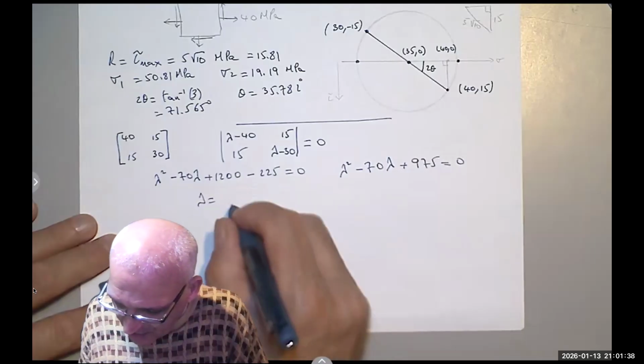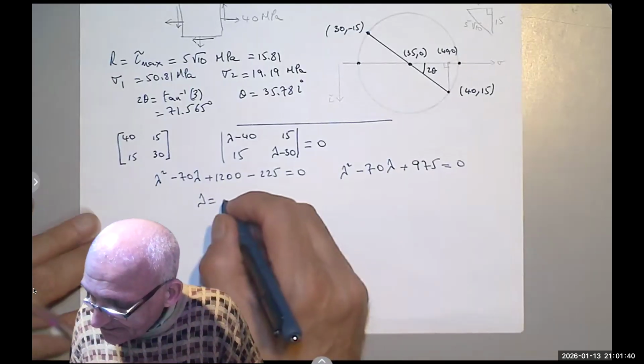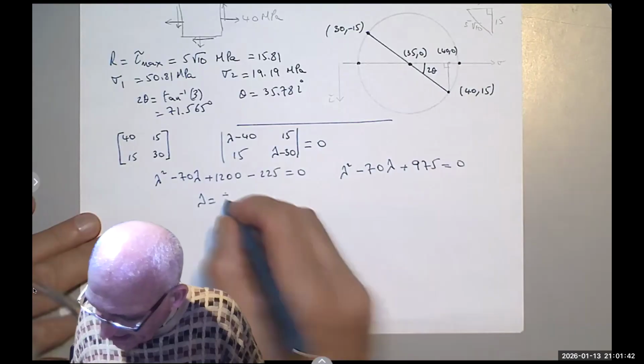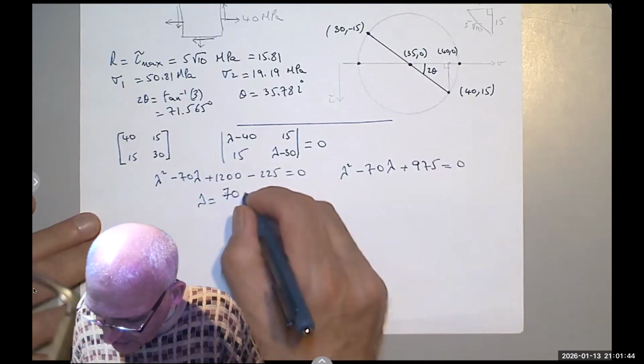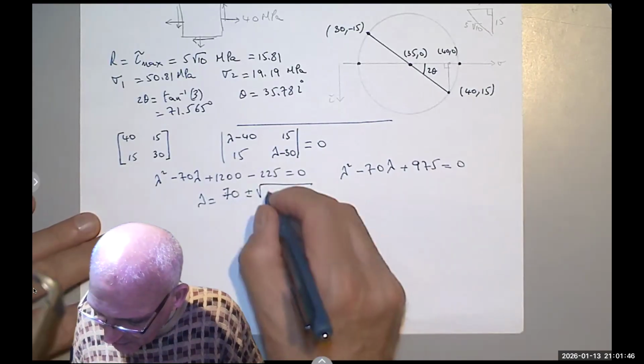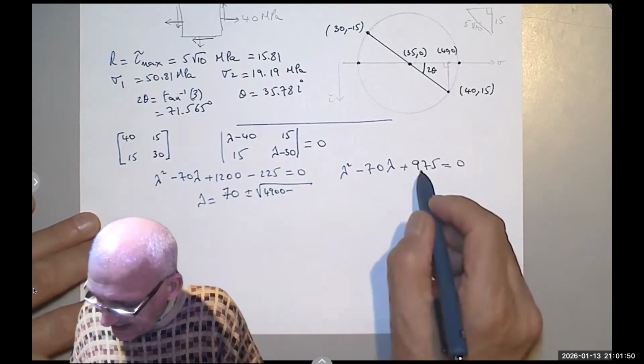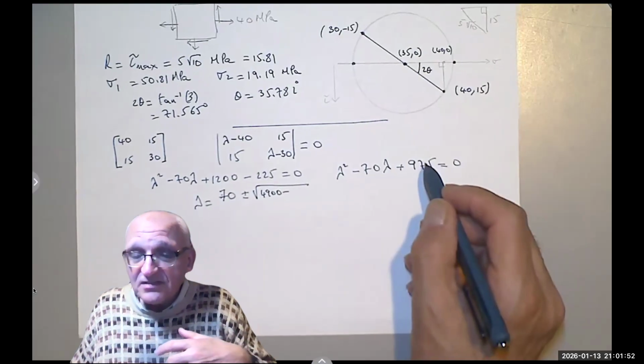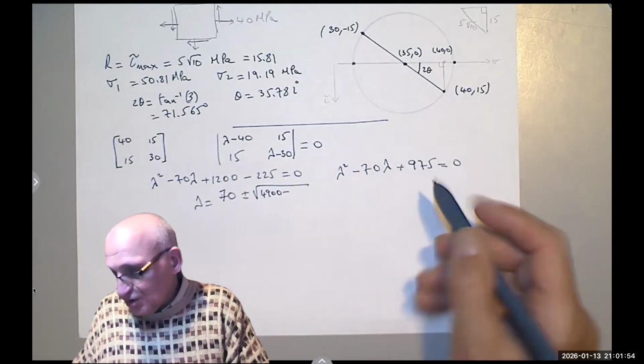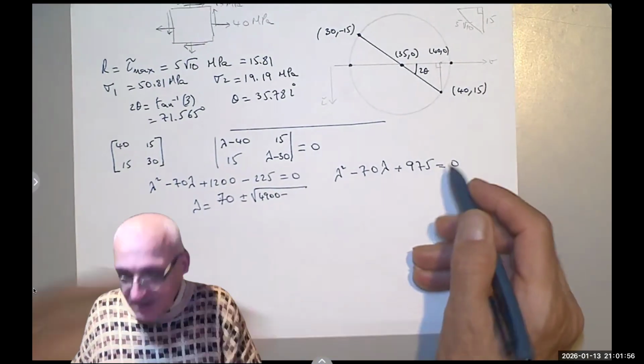So lambda equals negative b, so it's 70 plus or minus square root of 70 square, which is 4,900, minus 4 times that. Notice 4 times 1,000 is 4,000. So we subtract 4 times 25, which is 100.